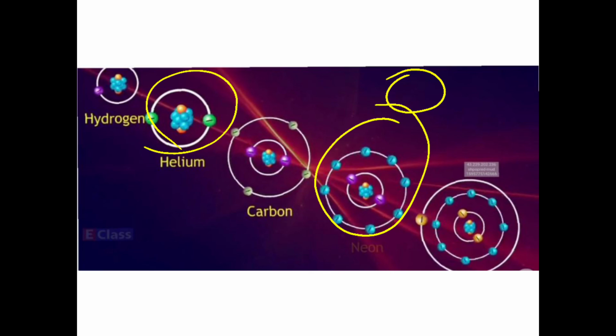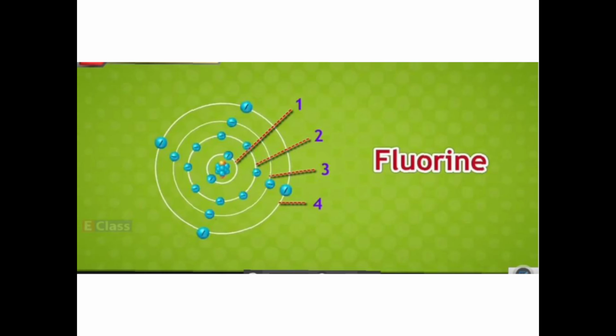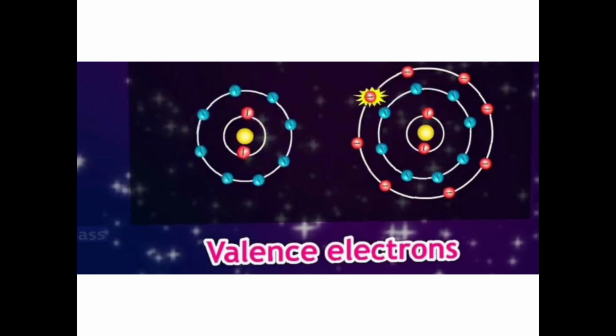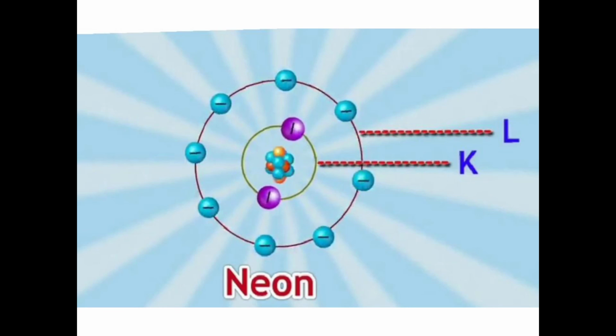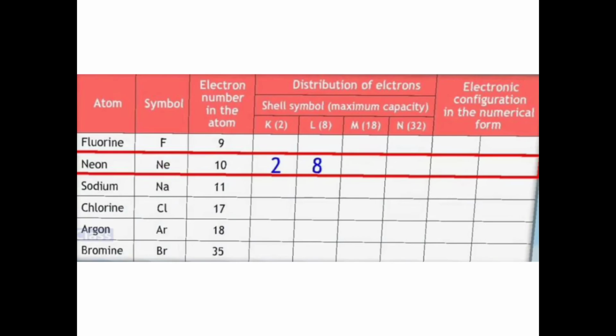Okay. So after understanding it, let us do some exercises to get a clearer idea. So we have seen the valence electrons, the outermost orbit for helium. For neon it is 2 and 8, both are inert.